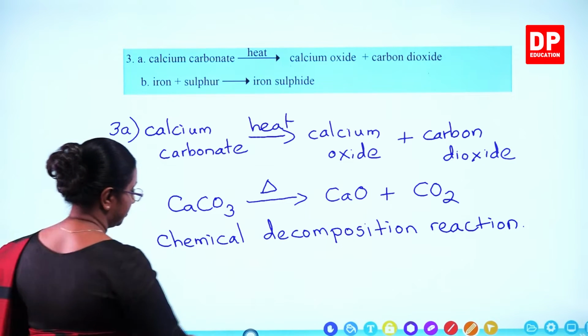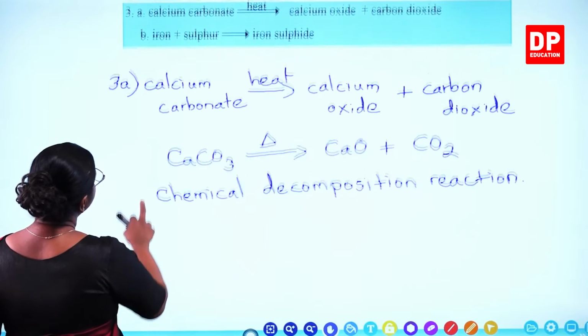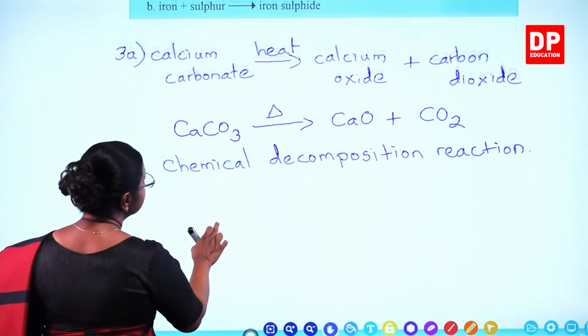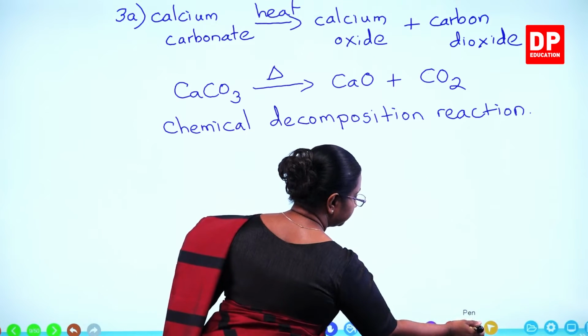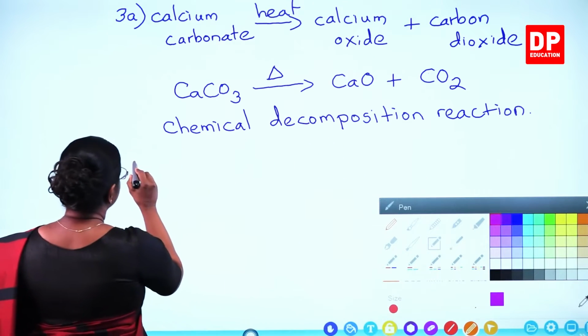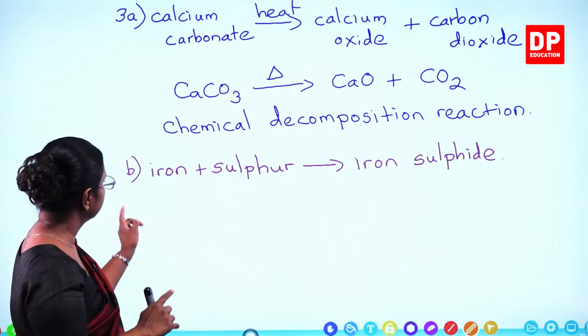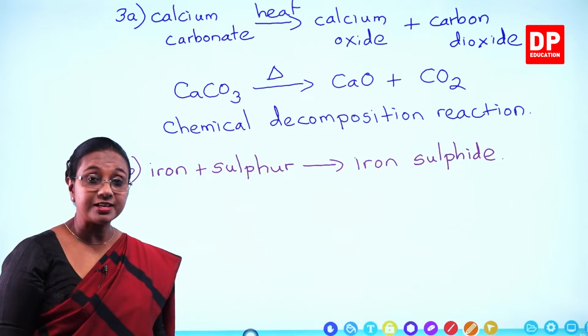Then the next one, students. Now here we have iron and sulfur giving rise to iron sulfide. B part, iron plus sulfur giving rise to iron sulfide. So earlier students, you were introduced to the term ferrous sulfate.